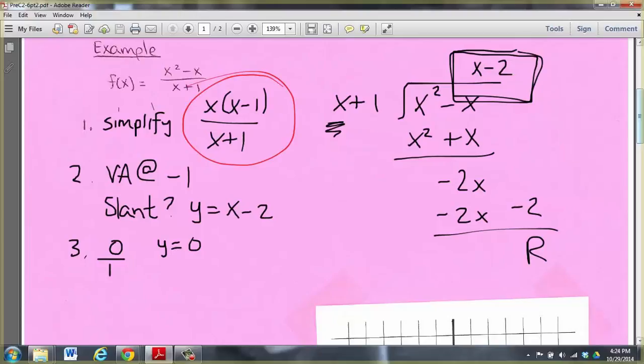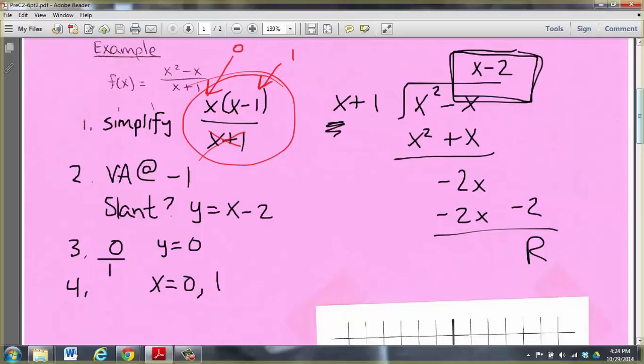We put it in simplest form. Remember, the denominator didn't matter for this. So we have x equals 0 and 1. So actually that's steps 3 and 4. 5 was to plot a few more points.